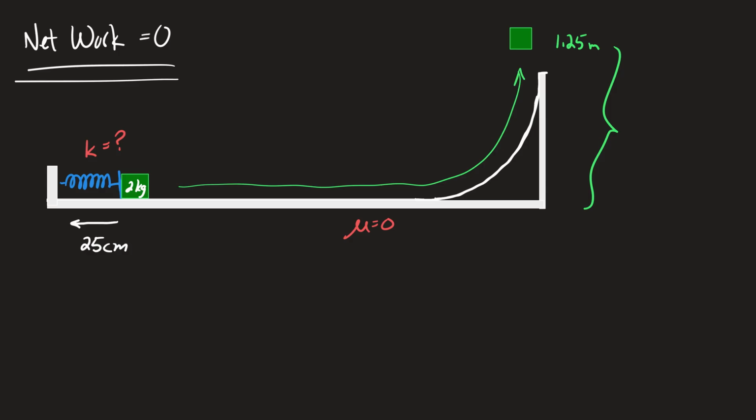What you have to do afterwards is pretty straightforward. I'm going to explain it like there's a set of steps, but I probably won't use steps very often for this. The first thing you should identify is, are there two clear states of the problem? Is there an initial state and a final state? In this case, I think there are. There's the initial state where the box has been pulled back against the spring.